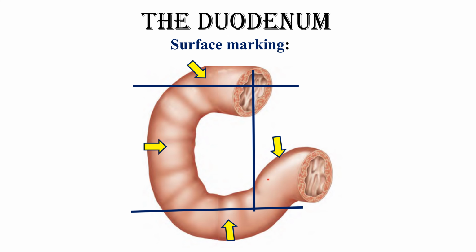The fourth part will ascend upwards for 1 inch parallel to the middle line, where it terminates by this duodenojejunal flexure. That is the surface marking of the duodenum.